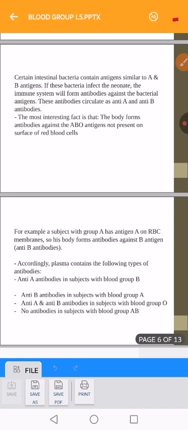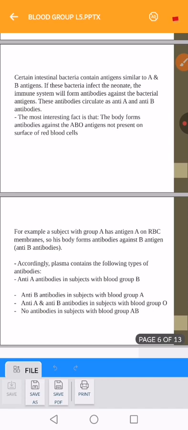And those with blood group AB have AB antigen on the surface of the RBCs. They don't have antibody in their circulation, because if they had antibody either A or B, it would attack the antigen on the surface of the RBCs and destroy those RBCs.